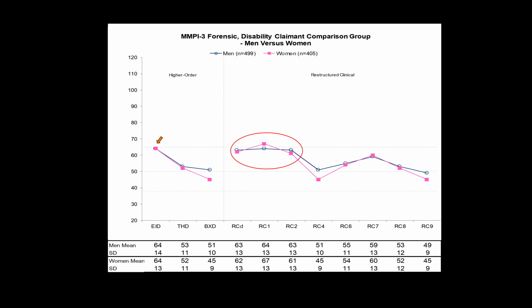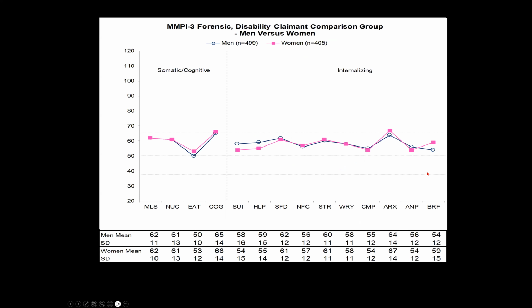On the RC scales, we're seeing elevations on demoralization, and RC1 is somatic complaints. And of course, that also is often part of the picture in a disability claim, as we also see an elevated mean score on the low positive emotion scale, associated with depression-related difficulties in particular.